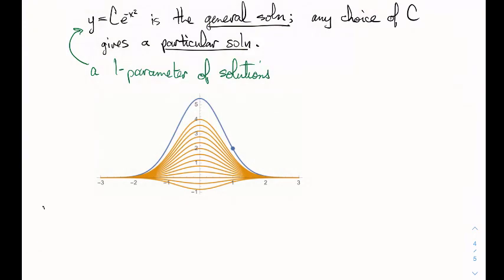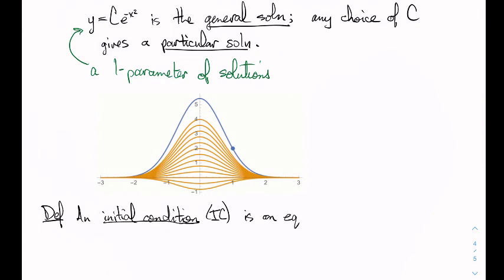An initial condition is going to be an equation of the form y of 0 equals b, where b is some number.